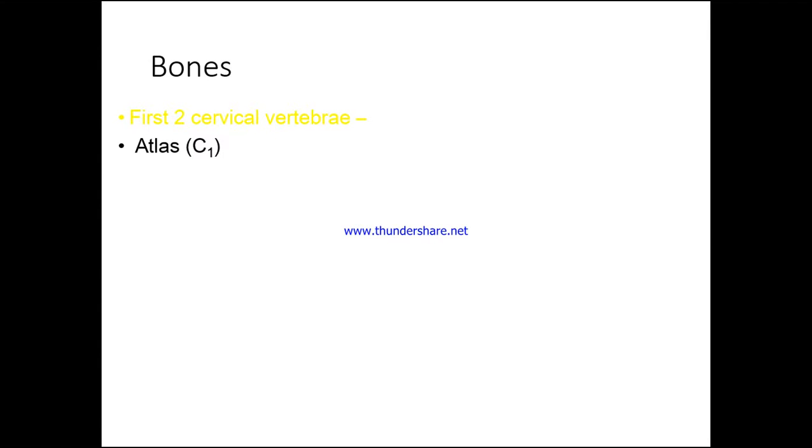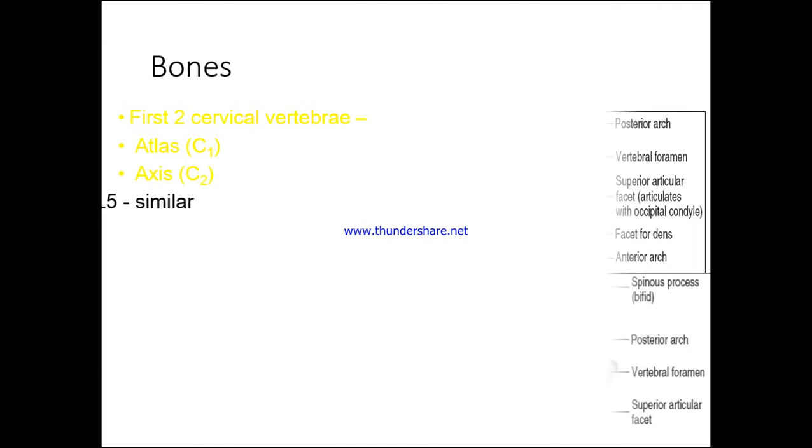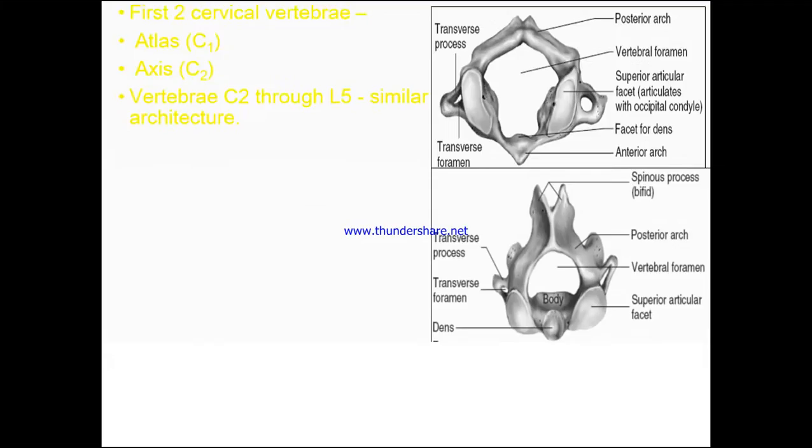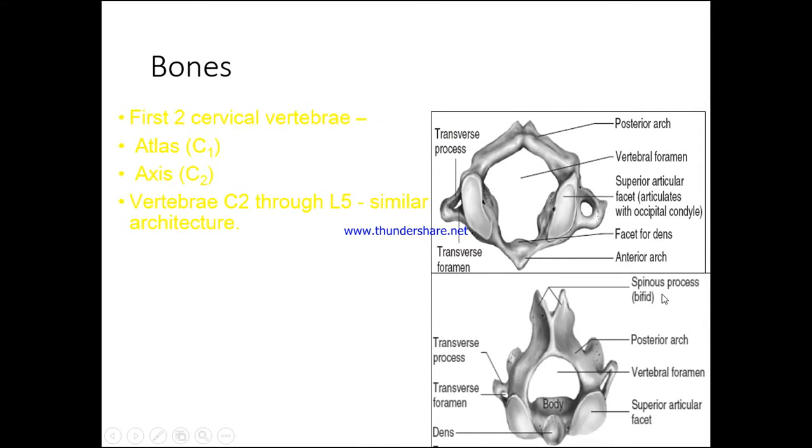Now some of the bones. The first two cervical vertebrae are the atlas, C1, and the axis, C2. The vertebrae from C2 through to L5 are similar in architecture, as we discussed. We can see some images here: the transverse processes, the posterior arch and the facet, and the superior articulating facets with the occipital condyle.